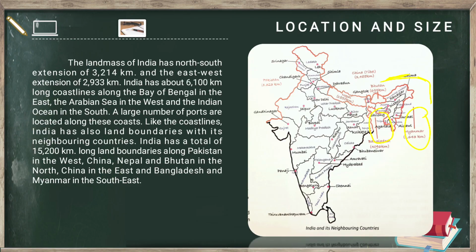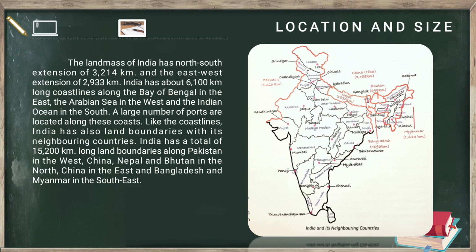And this length, the red portion, how much long is it? It is 15,200 kilometer long. Along Pakistan in the west, China, Nepal, and Bhutan in the north. So all these are in the north.